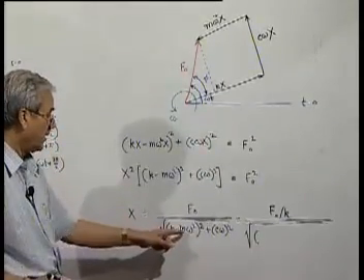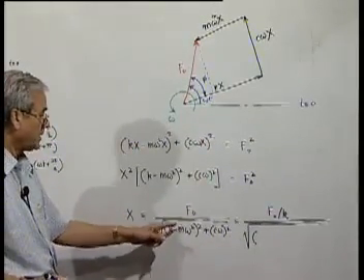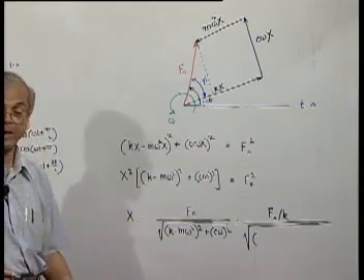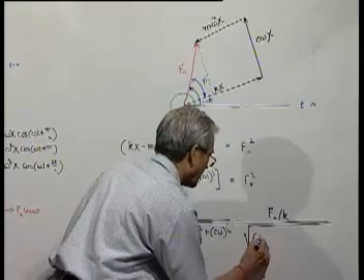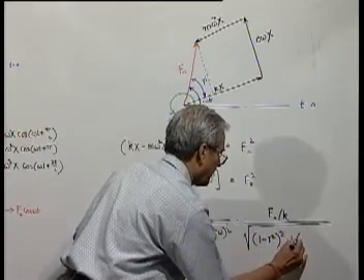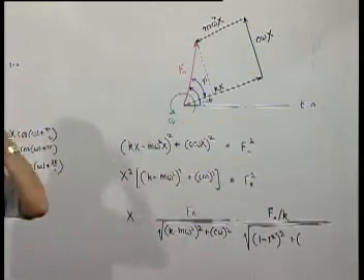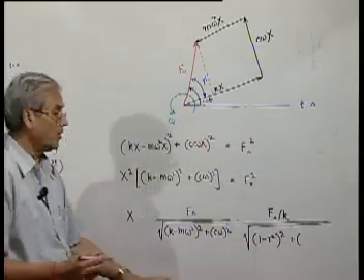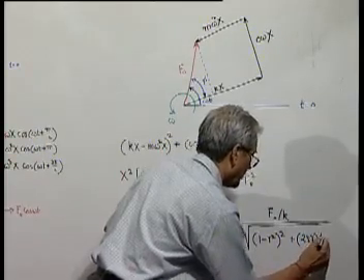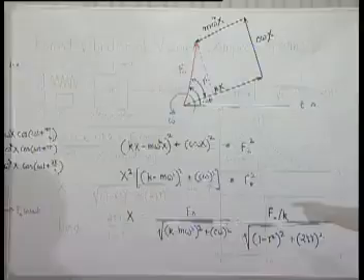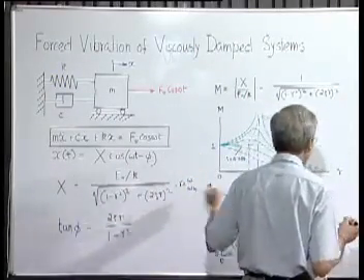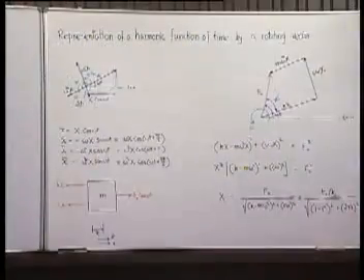So, divide this by k means 1 minus m omega square by k, which is nothing but omega square by omega n square, that is r square. Now, c omega by k we have shown number of times is equal to 2 zeta r. So, we get the magnitude of response, as we solved the equation of motion and got it. Here we got it directly from this diagram.